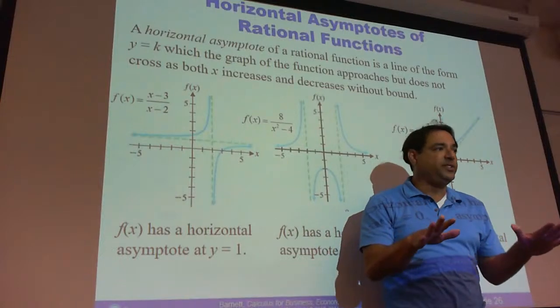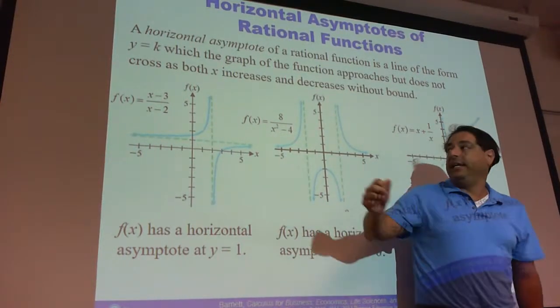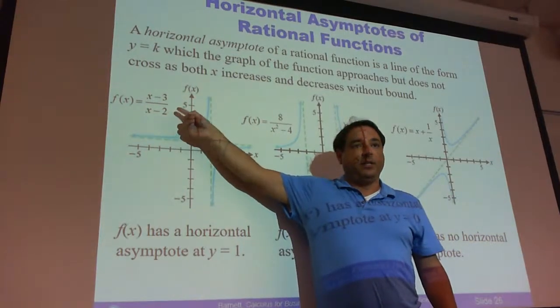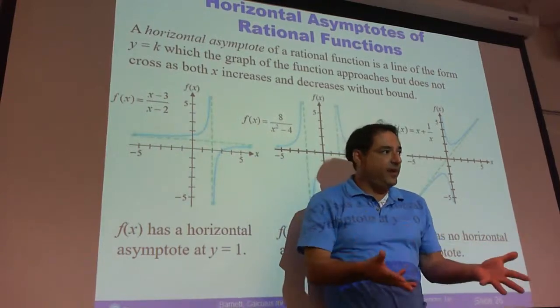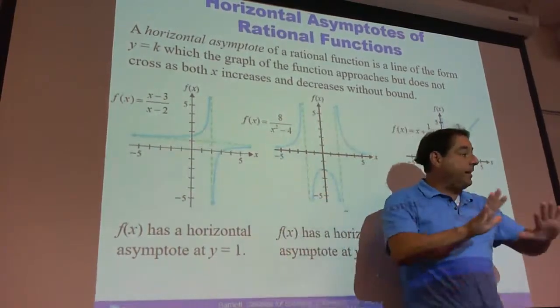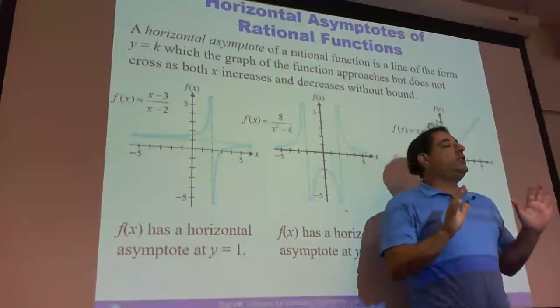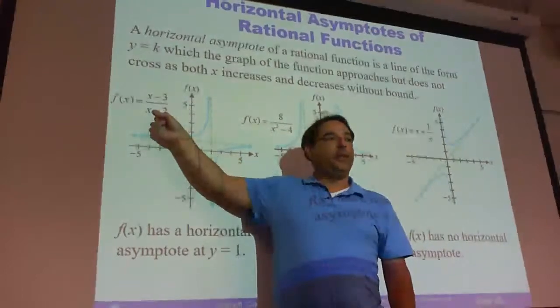Now we're going to go through the rules in a minute, but let's back up. Vertical asymptotes are the numbers where the denominator is undefined. So how do you find vertical? You look at the denominator, what can it not be? For horizontal, I'm about to go over the rules, so don't worry. But to figure out the rules, what's the degree of the top? What's the degree of the bottom?